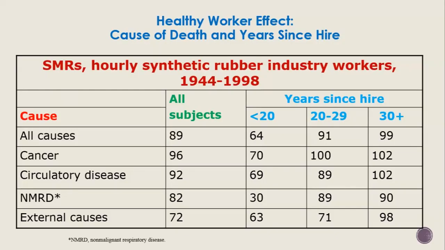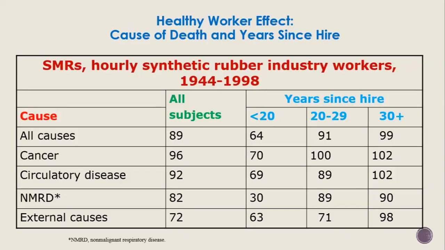In terms of years since hire, less than 20, for all causes, the SMR is 64, which means that the mortality rate in workers is 36% less than in the general population. If you look at cancer, for persons hired for 20 to 29 years, it is 100.